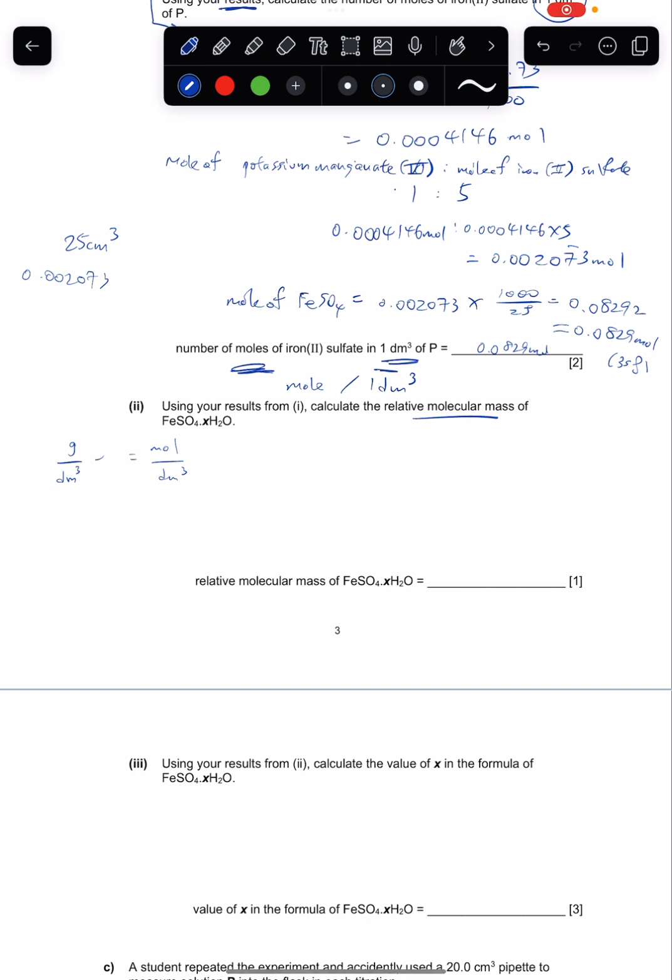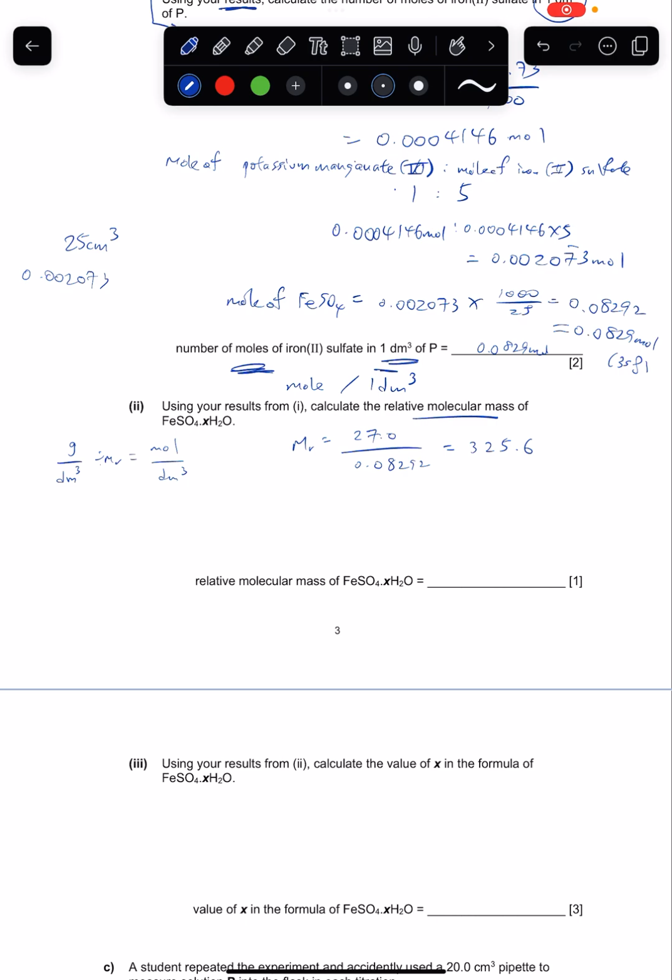Oh, so it's divided by Mr. So Mr equals 27.0 divided by 0.08292. You get the answer of 325.6.